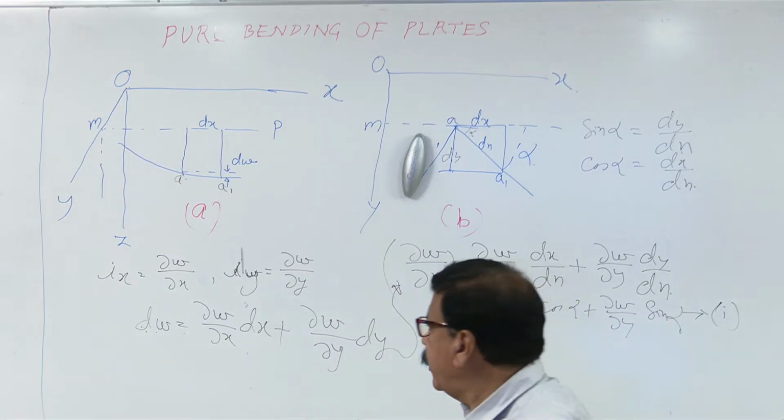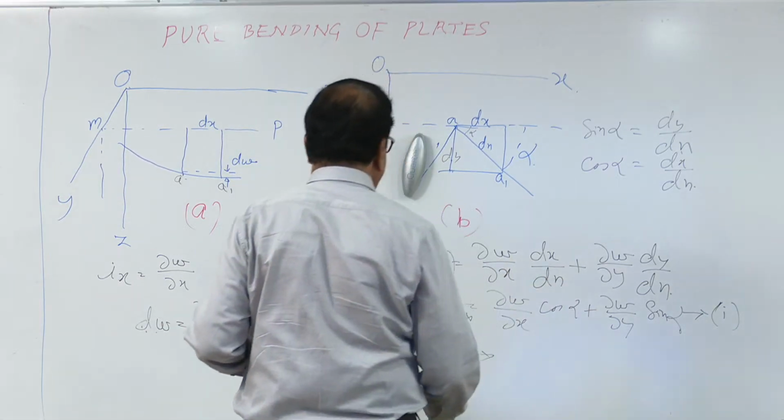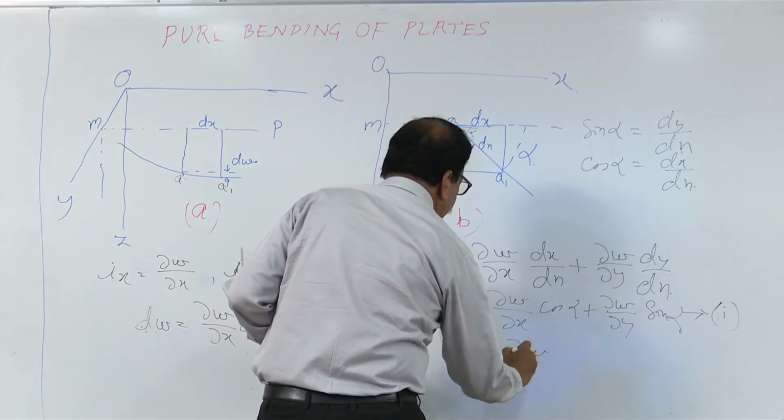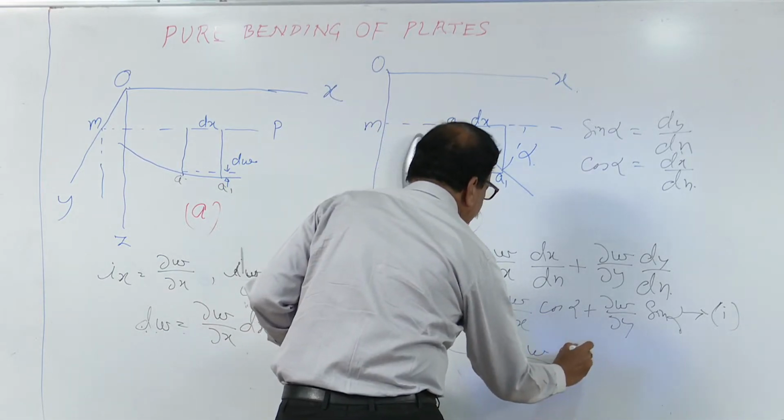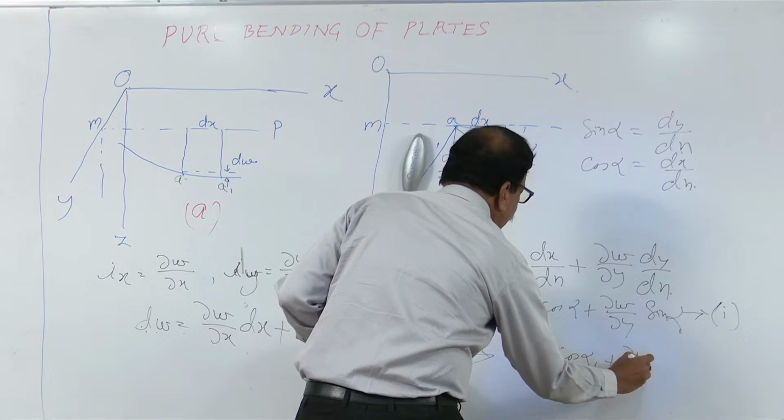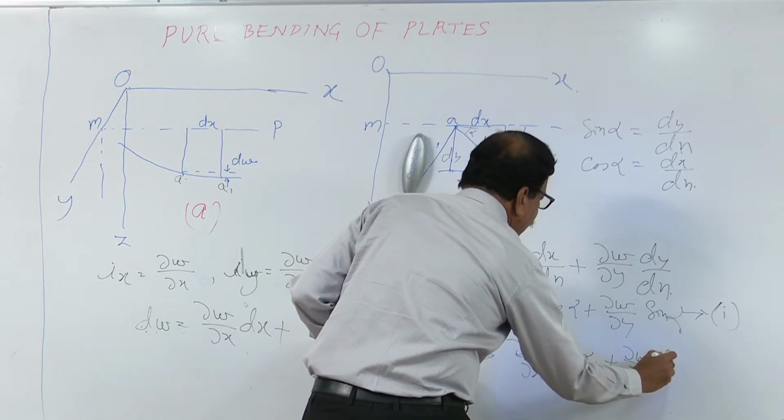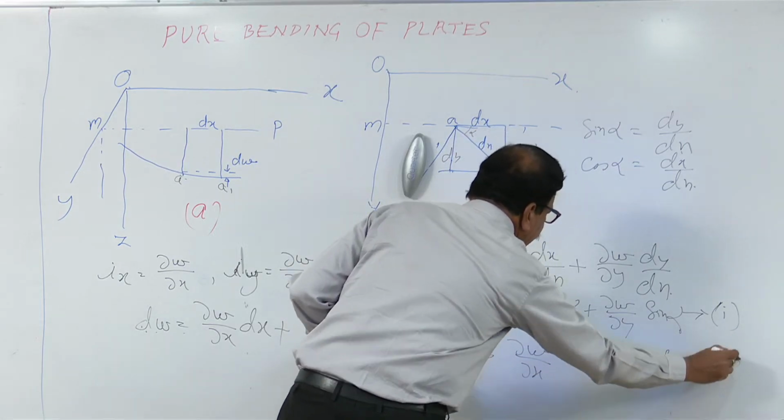So, then del W upon del X cos alpha 1 del W by del Y sin alpha 1 is equal to 0.